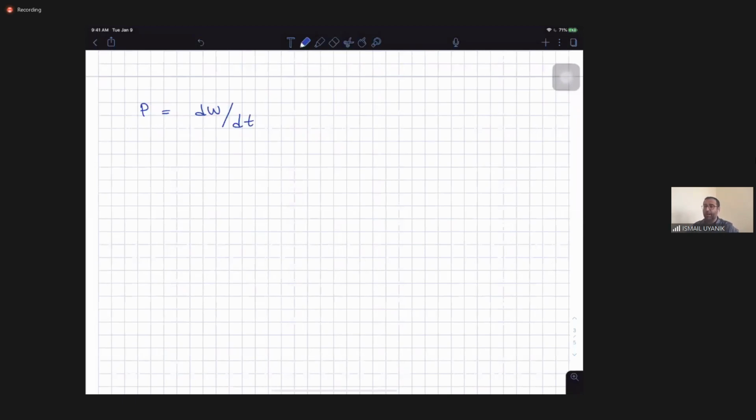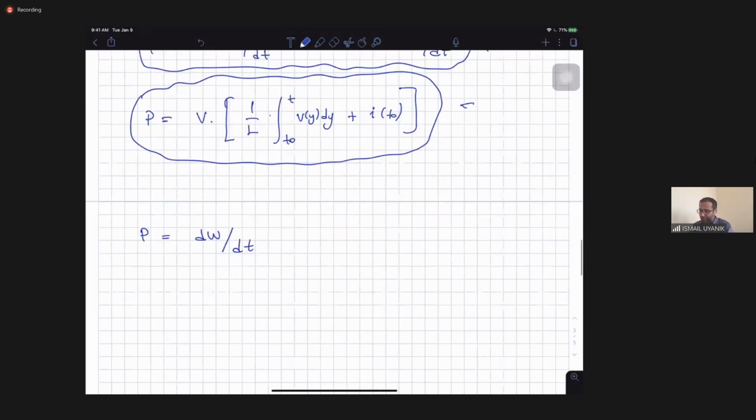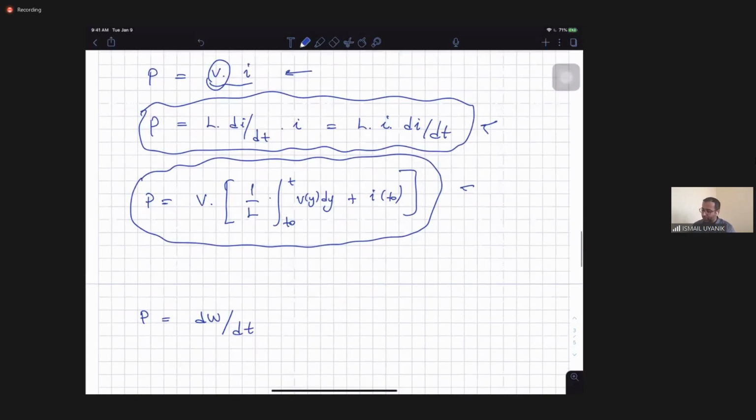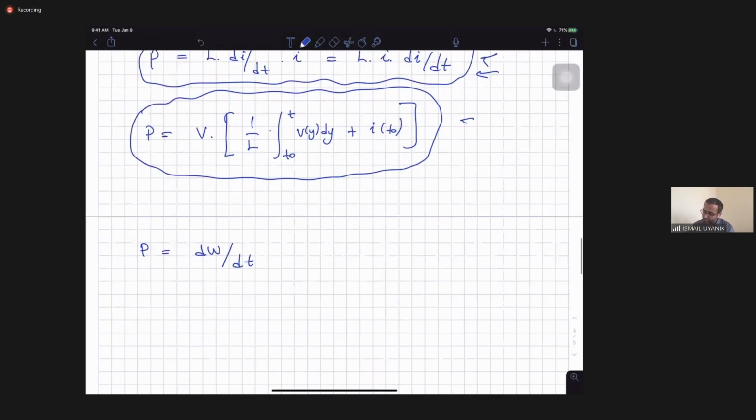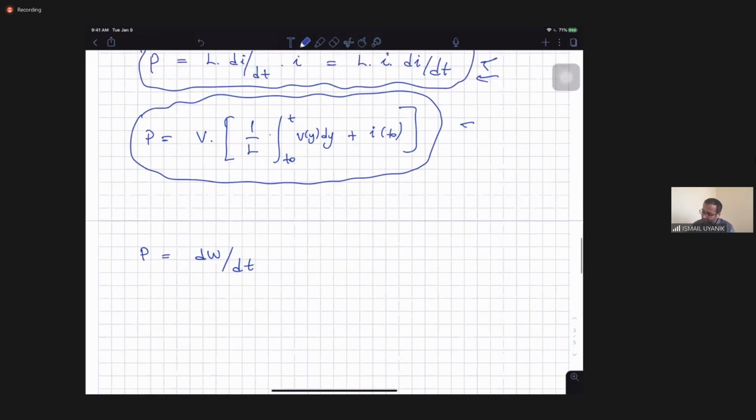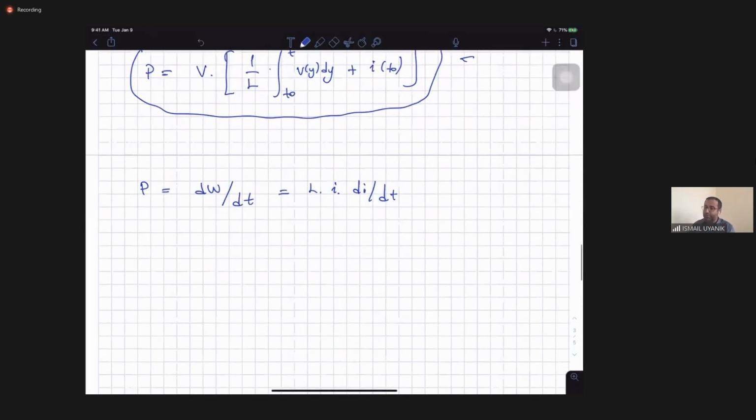Now by using these equations, it really depends on the context, but I can use any of them. Let's say I will be just using this one here. I will be saying this will be equal to L times I times di over dt, so that I have some common components between this and the power calculation.